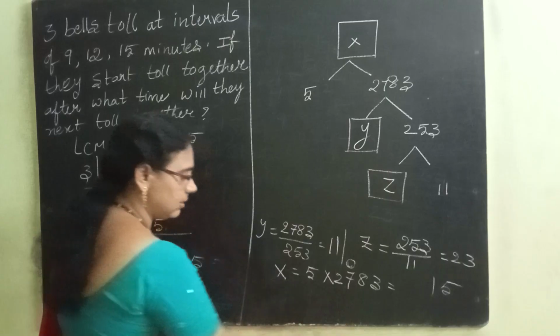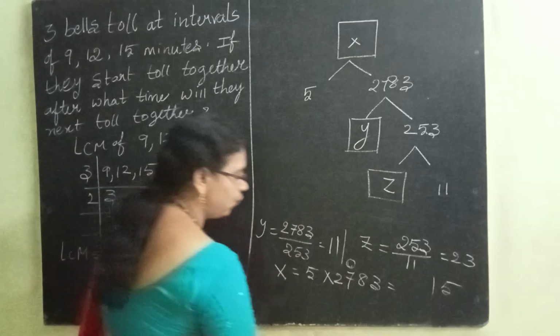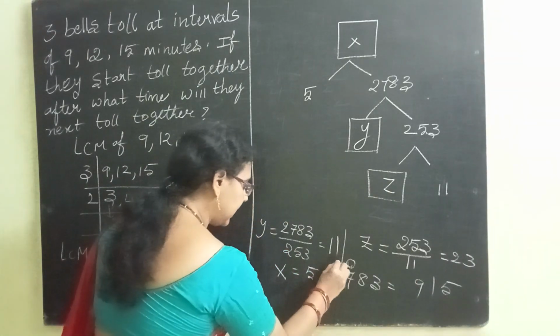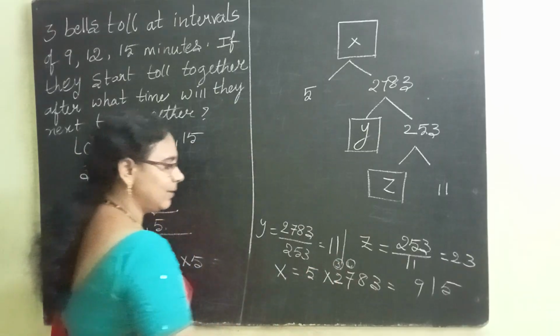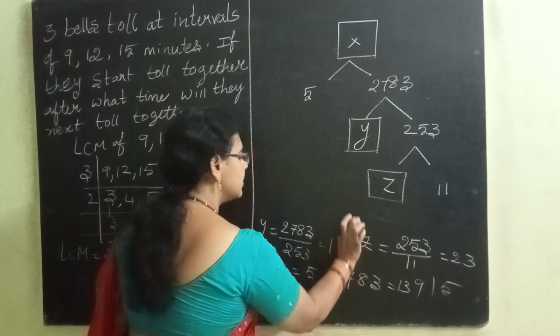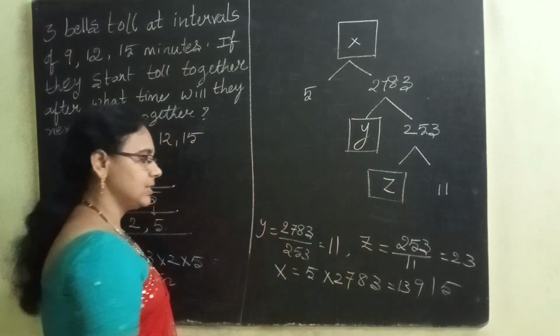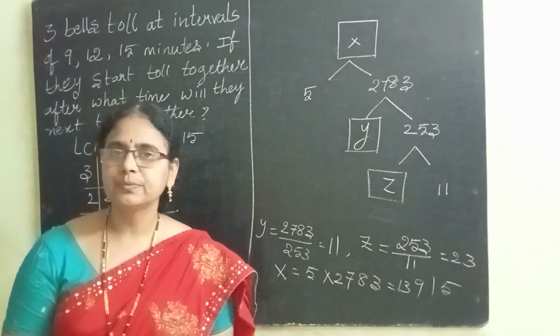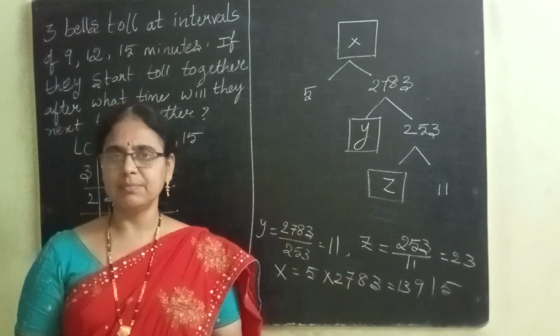Next, 5 7s are 35, 35 plus 4, 39. 5 2s are 10 plus 3, 13. So these all are carrying numbers. After your calculation, better to write it. Okay, do all that work in the margin.